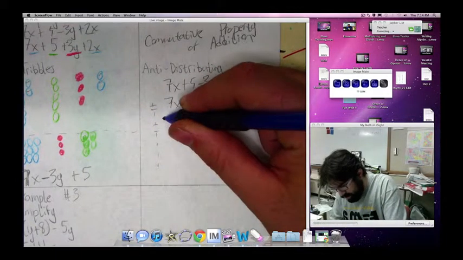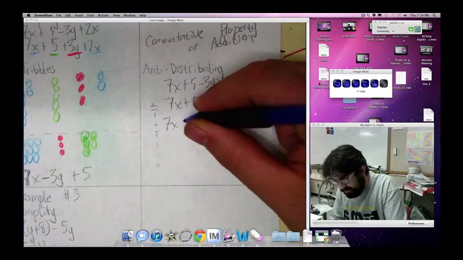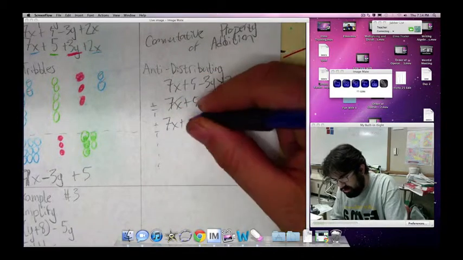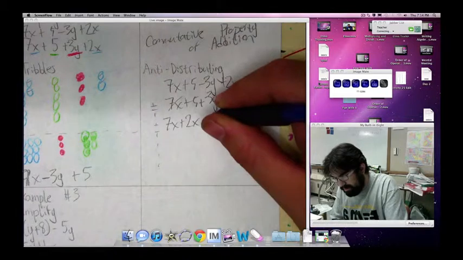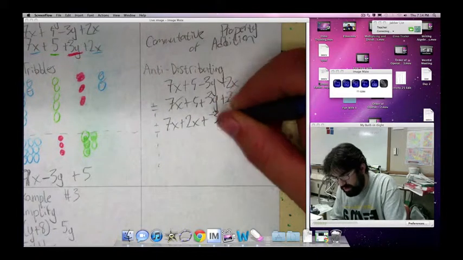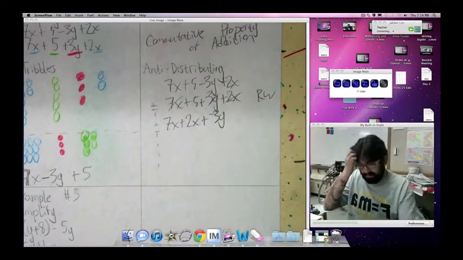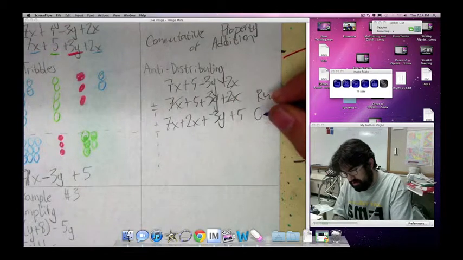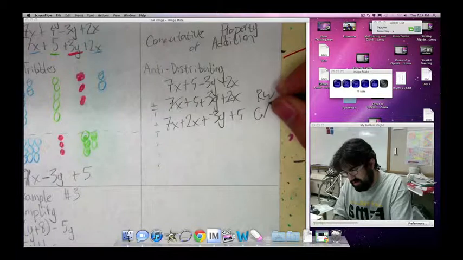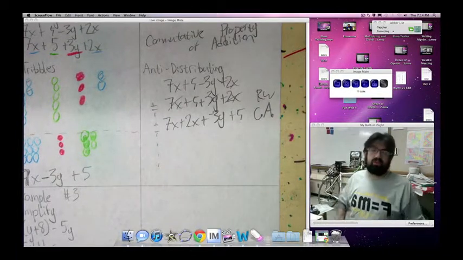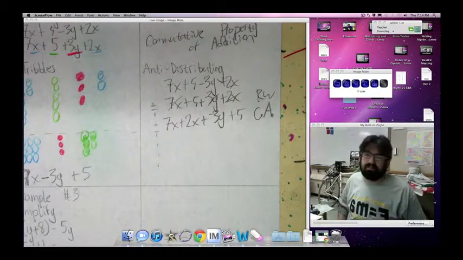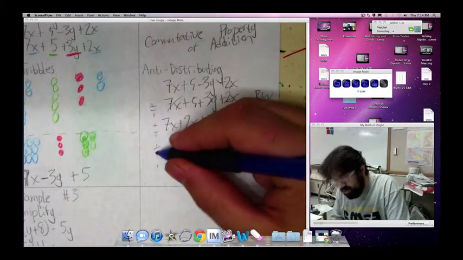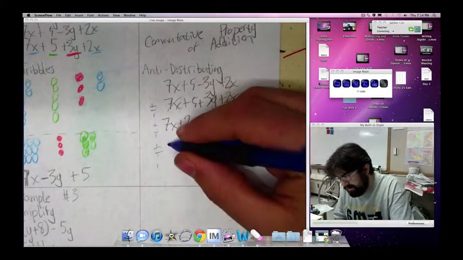I'm going to put all the x's in the front, 7x, done, plus 2x, done, plus negative 3y. The negative stays with the 3y, plus 5. And I'm going to put commutative property of addition. CA, commutative property addition.